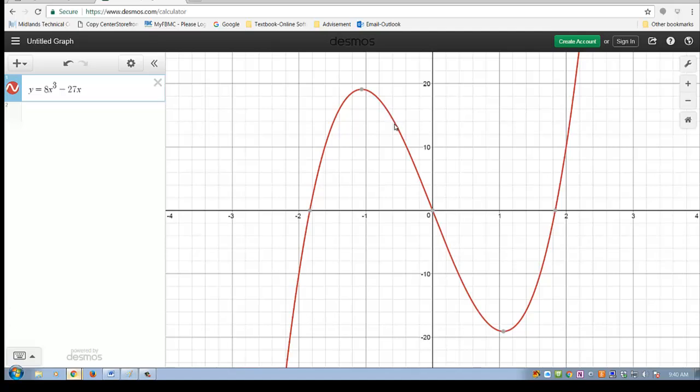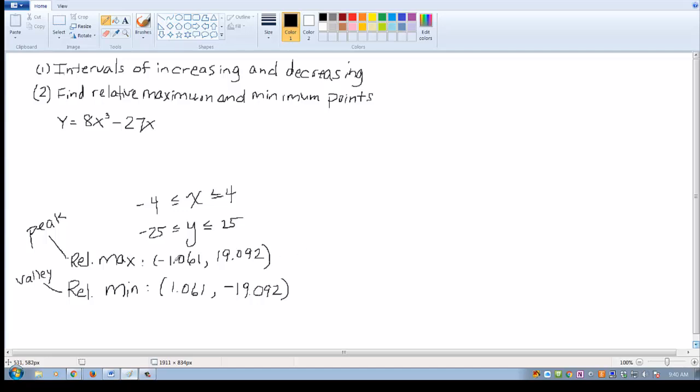And then this section is decreasing until we get down to the minimum. And then it's increasing again everywhere else. So how do we denote that as far as an interval? Well, it's really not that hard once you have the relative max and the min. These are the hardest parts, is to find that. And really it's just a few keys on your calculator, so pretty straightforward.